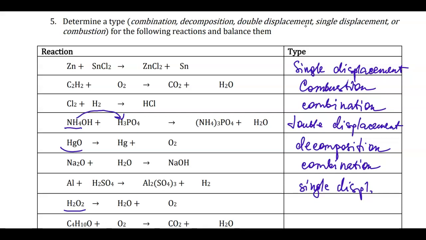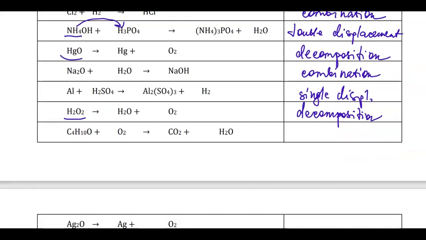It's another compound, and it decomposes, and water is formed and oxygen is formed too here. So this is decomposition. The next one, oxygen and carbon dioxide and water being formed. So this is combustion.